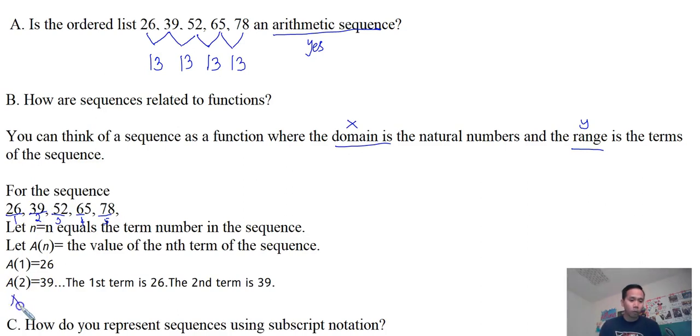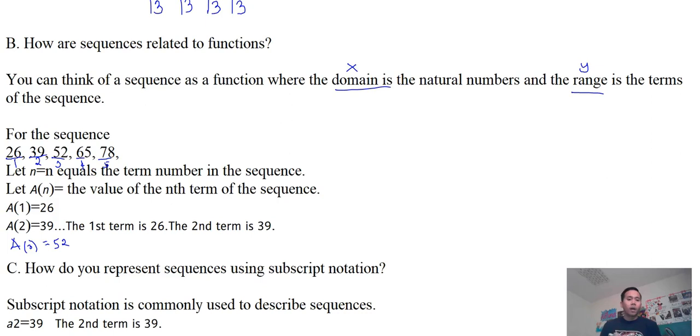If you go forth, you have a sub 3 that is equal to 52. a sub 4 is 65. a sub 5 is 78. So the first term is 26, the second term is 39, the third term, the fourth term, and so on and so forth.